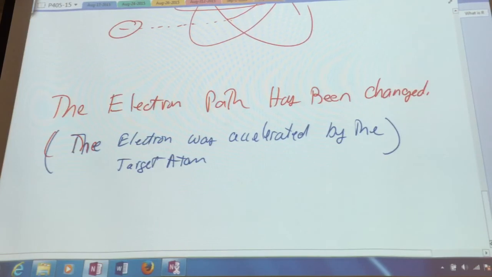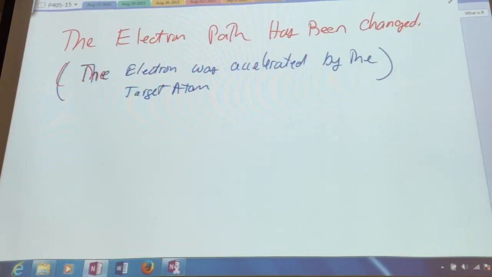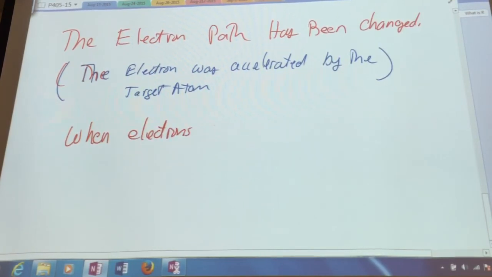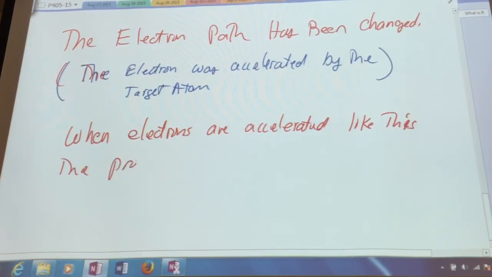And when electrons are accelerated like this, they produce a photon. And that's the photon that we are most interested in.